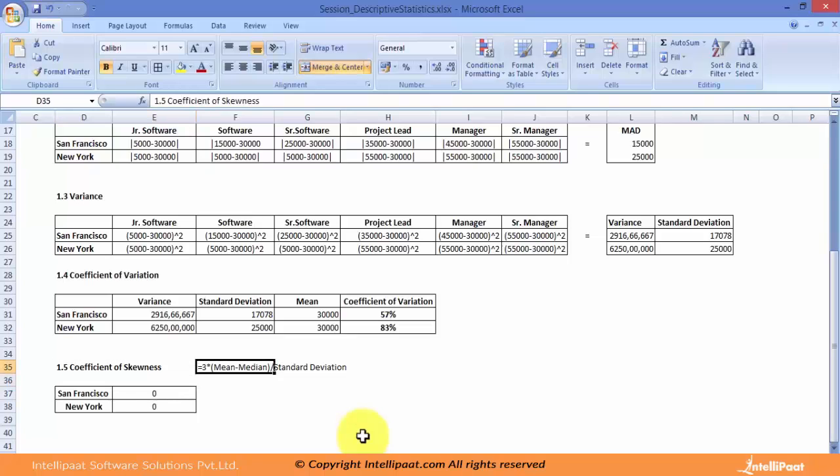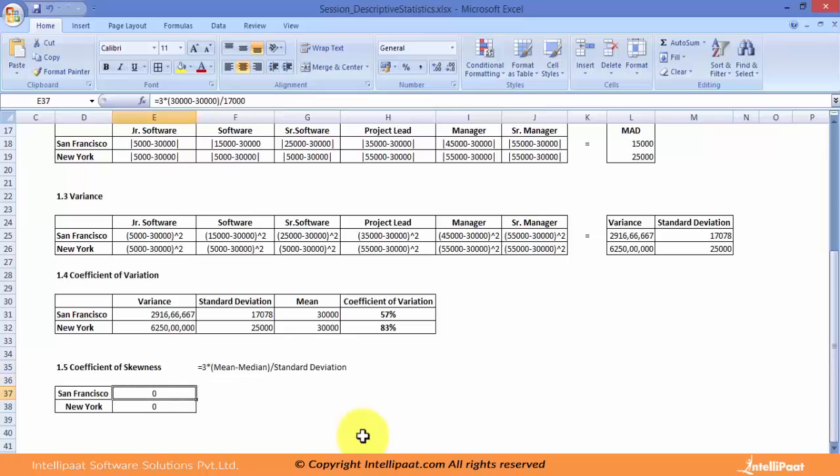I am giving you the formula straight away: the mean minus the median divided by the standard deviation. Whenever the mean is equal to the median, the coefficient of skewness will become 0.